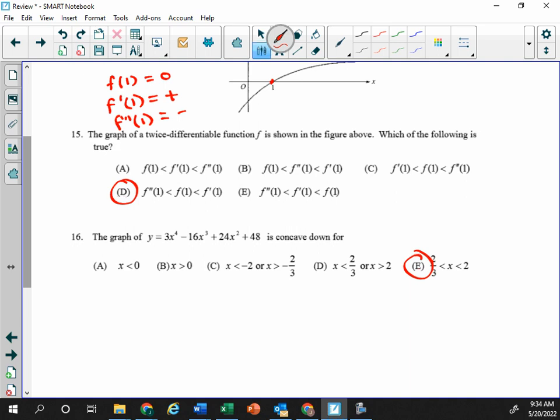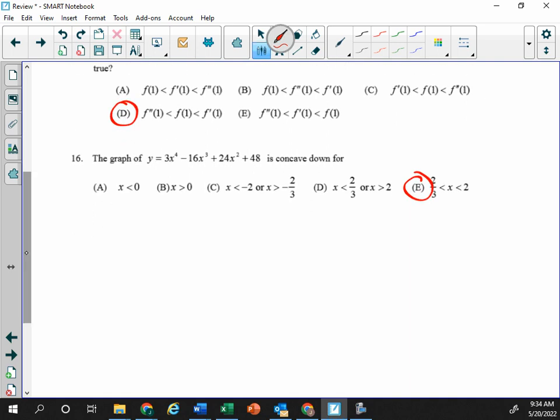All right. Any other questions on the Think Quiz review? You go over 16. Sure. All right, so if I'm looking at concavity, that means I'm looking at the second derivative. Okay. Let's see. My first derivative would be 12x cubed minus 48x squared plus 48x.